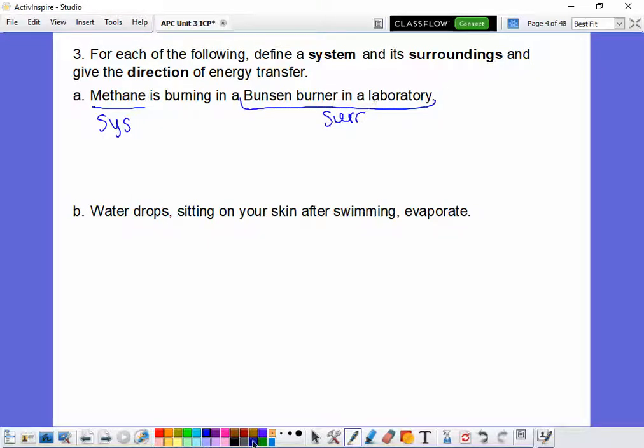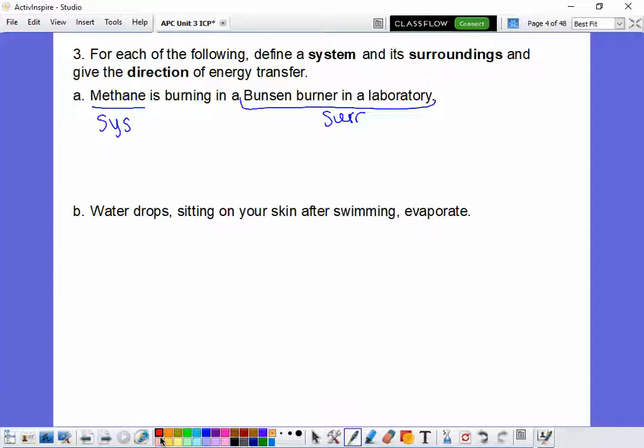All right. So, which way would energy be transferred here? Why do you say surroundings to system? Okay, it is initially absorbing energy from the Bunsen burner. This is true.